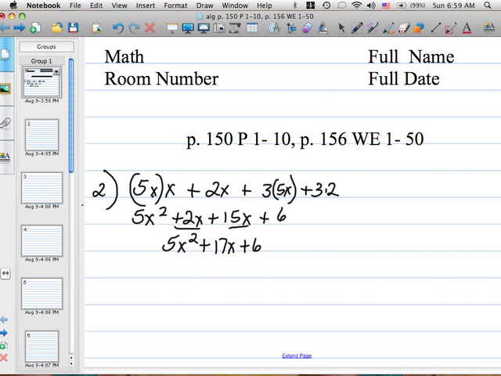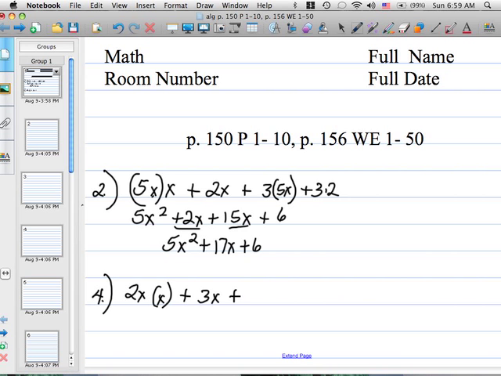This is actually a physical method of doing FOIL.